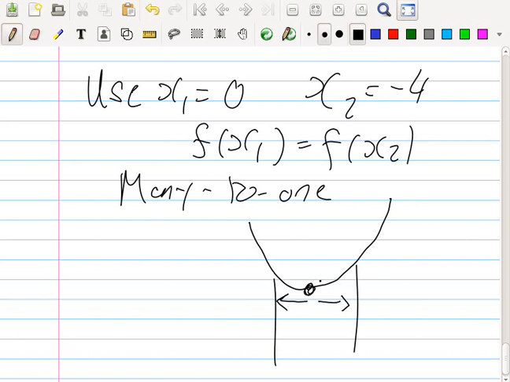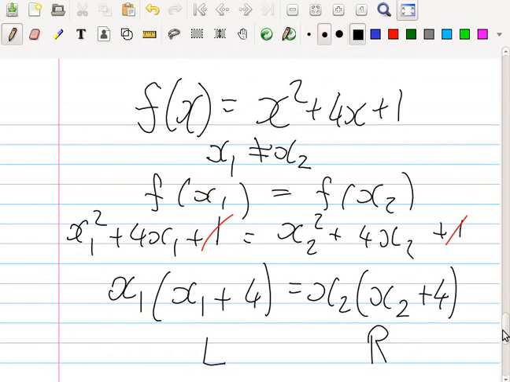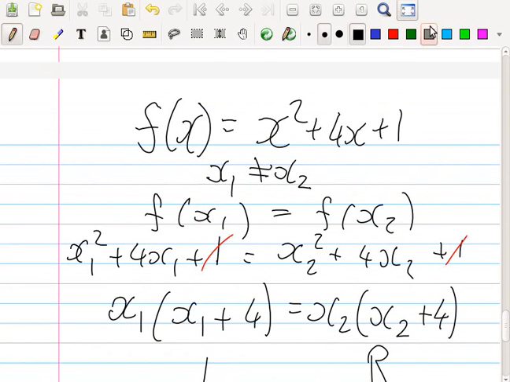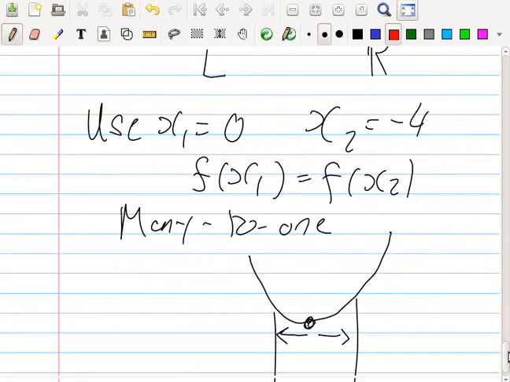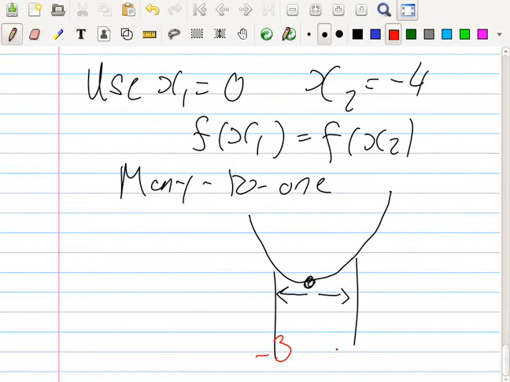The minimum here can easily be found by doing what? Derivative equals 0. So what's the derivative here? 2x plus 4. So that means x equals minus 2. So minus 3 and minus 1 are good values to try, because they're the same distance left and right of the minimum.